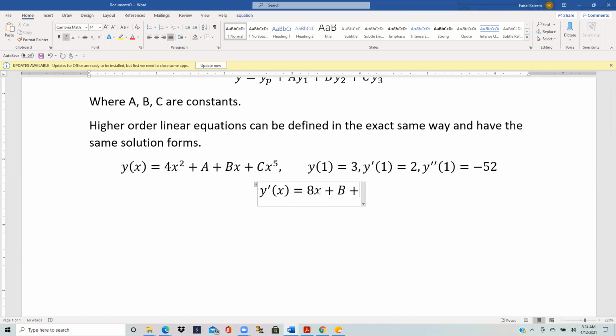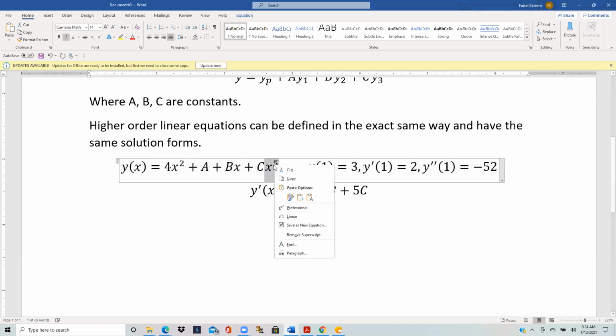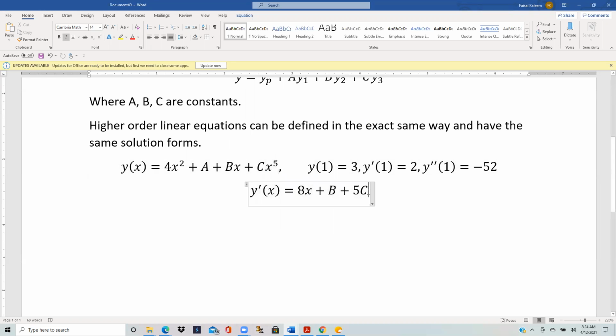And derivative of cx^5 will be 5cx^4. Okay, and now let's take the second derivative.